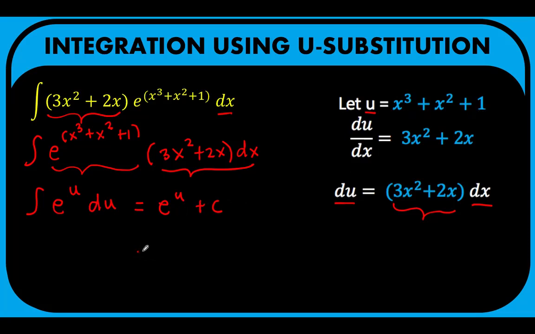So this would become e raised to x cubed plus x squared plus 1, plus c. This is now the antiderivative of our given function. So what appears to be a very complicated function happens to be easier to integrate because of the U-substitution. So this is now our final answer.